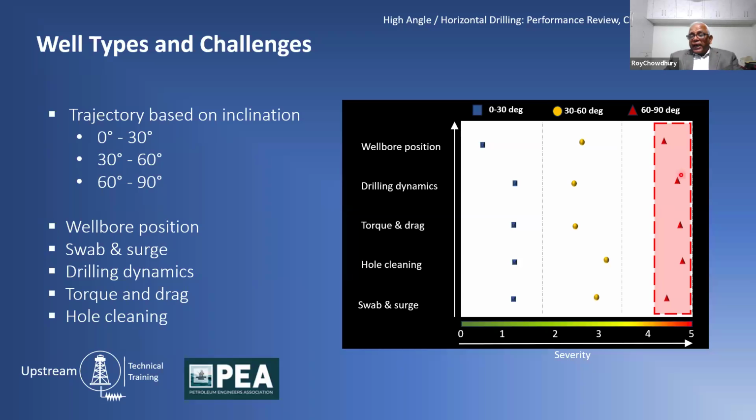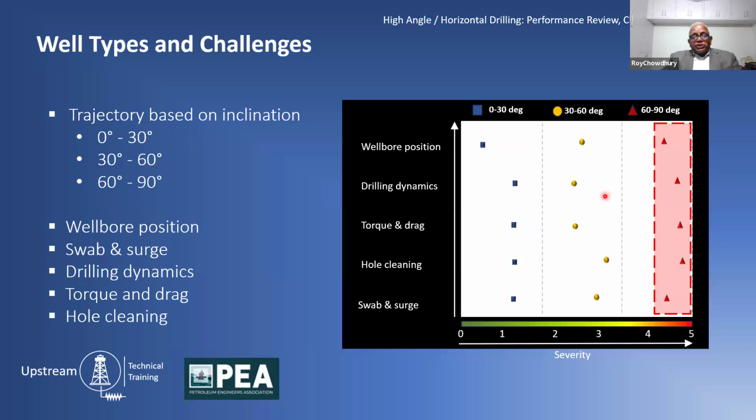Why? Because as you increase the inclination, your ability to add stiffer pipes in the bottom hole assembly is limited, because this will work adversely for you, as your torque and drag issues will start. As a result, these are the most difficult wells.